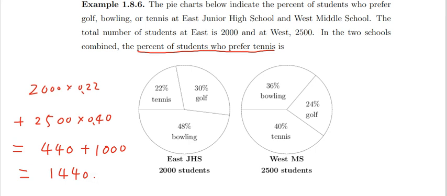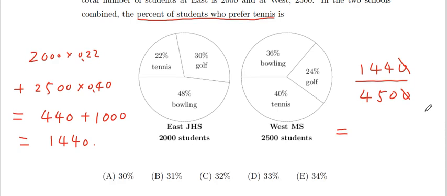And the percentage equals this over the total number of students. So we change this to a percentage: 1,440 divided by 4,500.